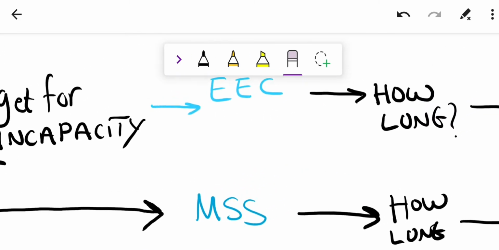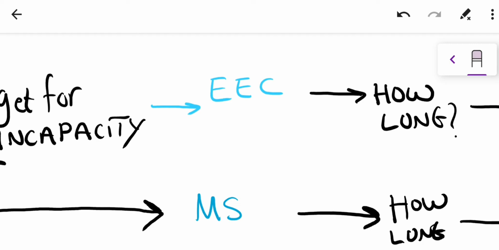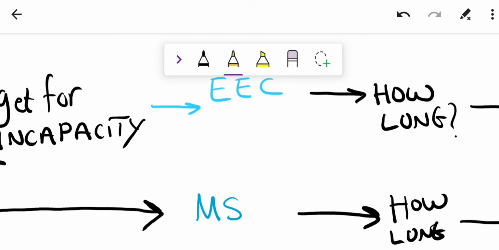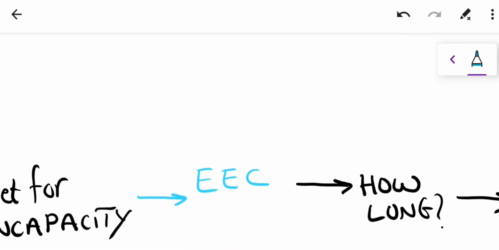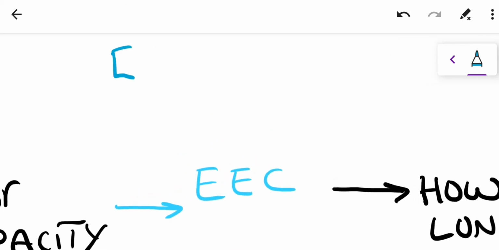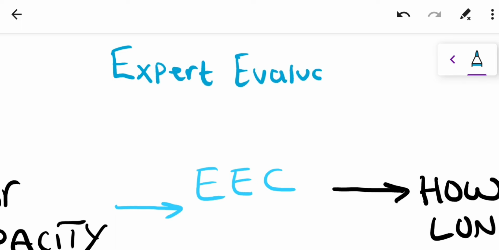So I made a little mistake here. It's an MSc. Now an EEC is basically an expert evaluation certificate. I know I'll spell that wrong.